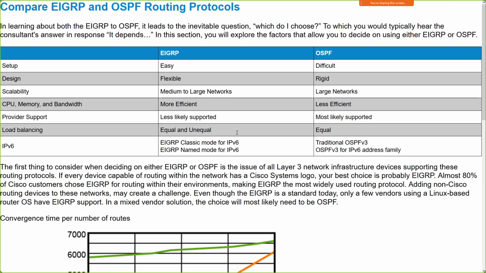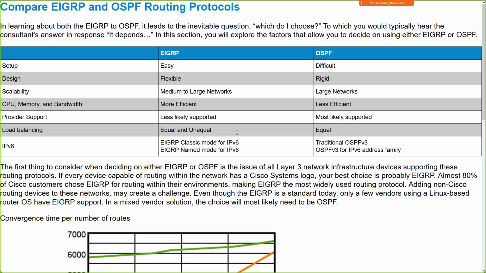All right. So comparing EIGRP and the OSPF routing protocol, right? Later on, we're going to be talking about OSPF, and we're going to get into a bunch of details about OSPF and what's involved. But the protocols are significantly different with regard to how they function. Obviously, one is a link state routing protocol, that being OSPF. The other is a distance vector protocol.